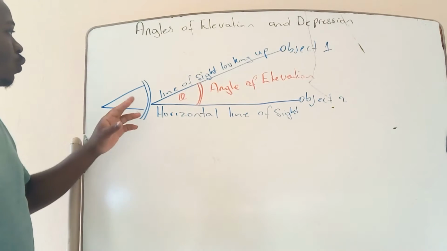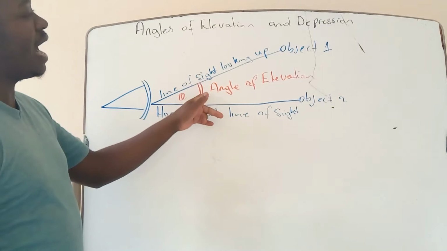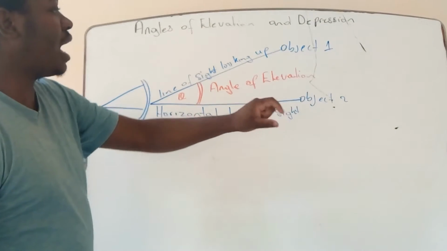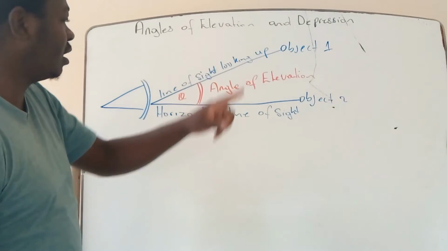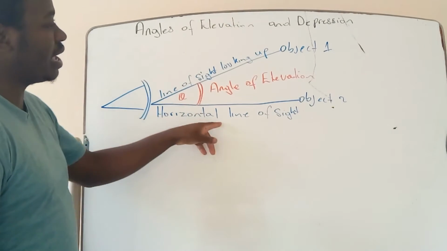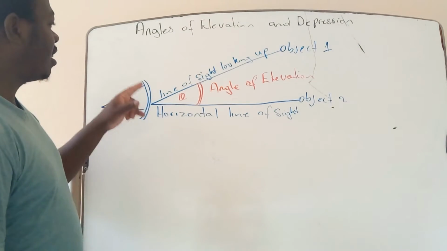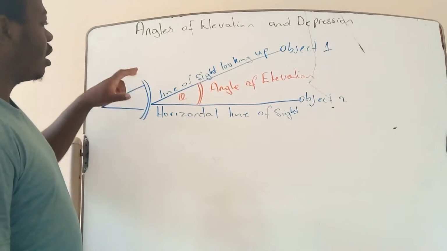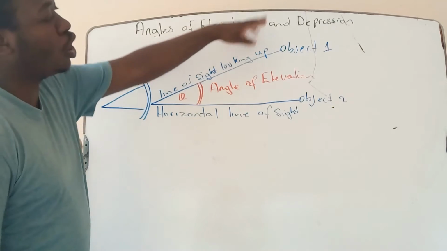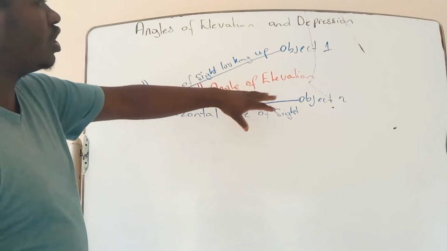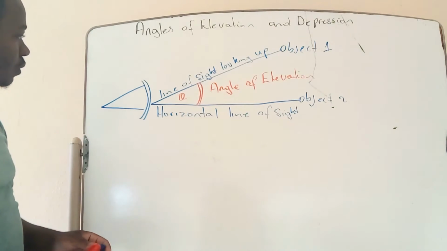Yes, you can. You could simply say that the angle of elevation is the angle formed between the horizontal line of sight looking straight ahead and the inclined line of sight looking upwards. That's basically what the angle of elevation is in a nutshell.